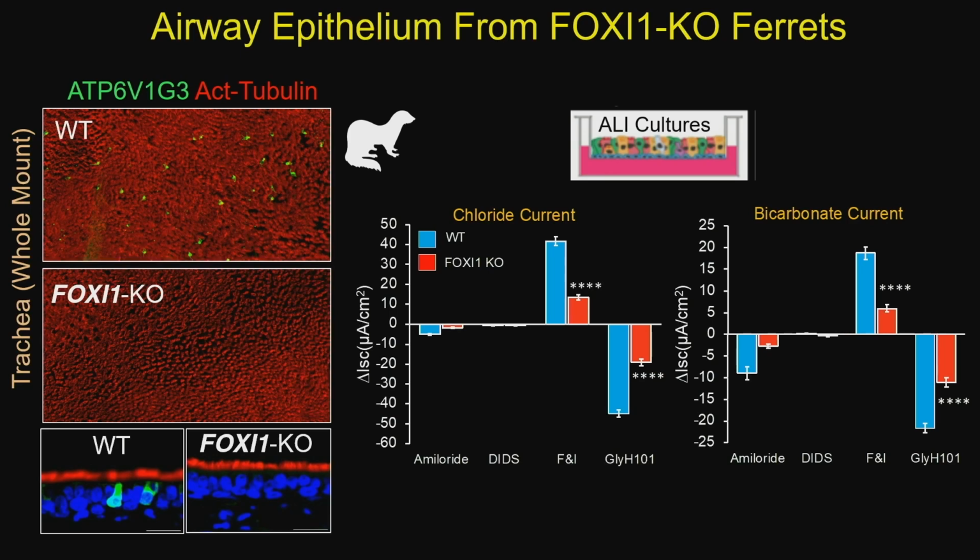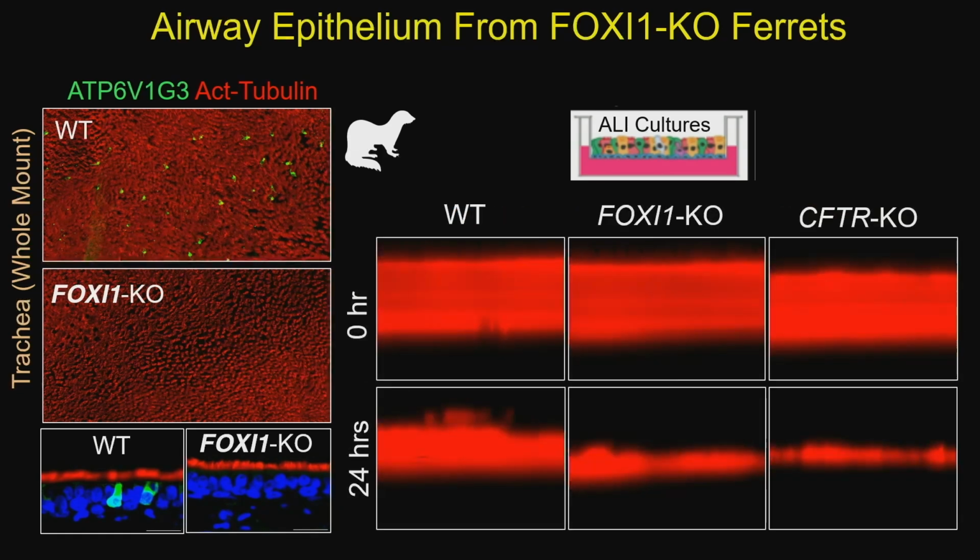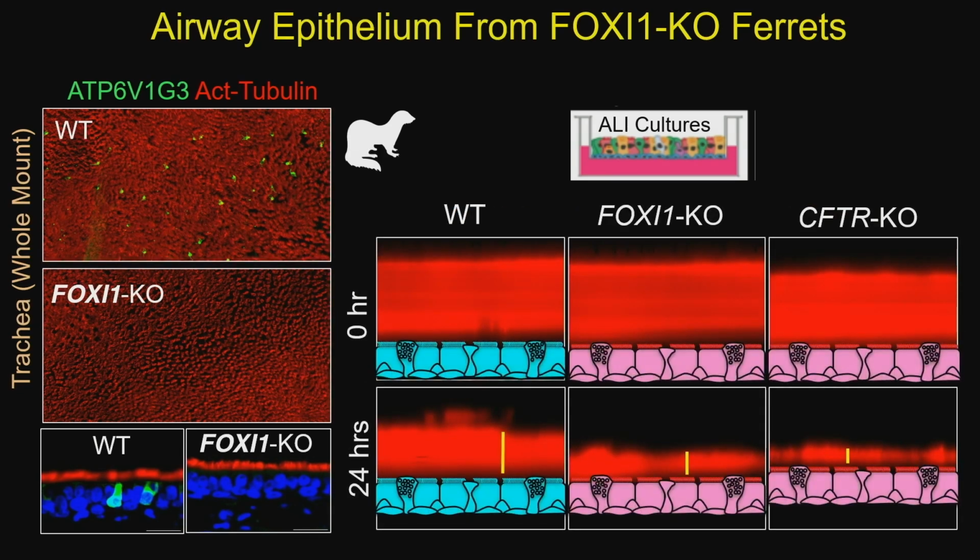If one takes the airway epithelial cells from these ferrets, polarizes them, and looks in symmetrical chloride, no bicarbonate, and vice versa, symmetrical bicarbonate, no chloride, one sees about a 67% decrease in both chloride current and bicarbonate current. Similarly, we were intrigued that epithelia from FOXI1 knockout, as well as CFTR knockout ferrets, if challenged with a small volume of fluid and then looked at 24 hours later, become dehydrated.